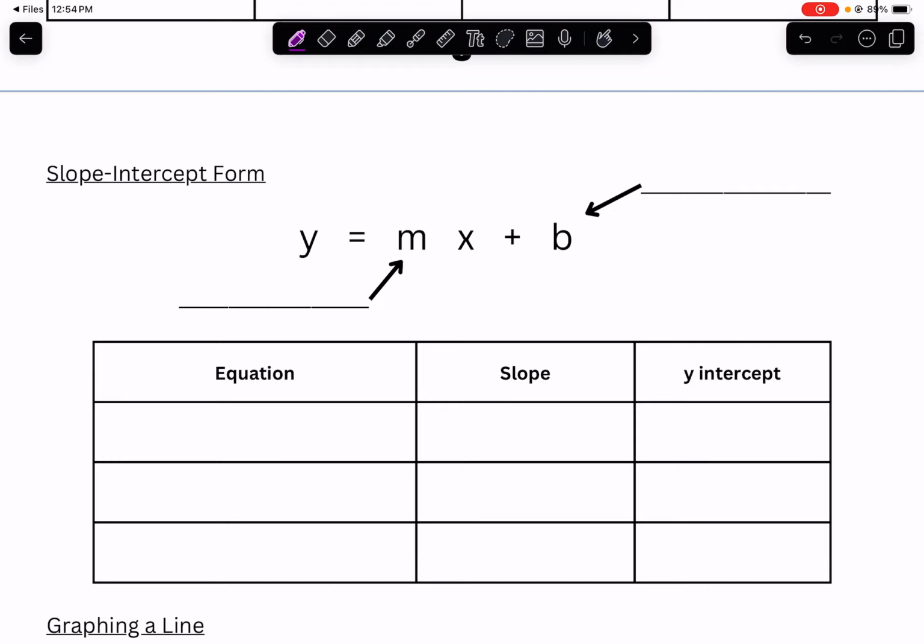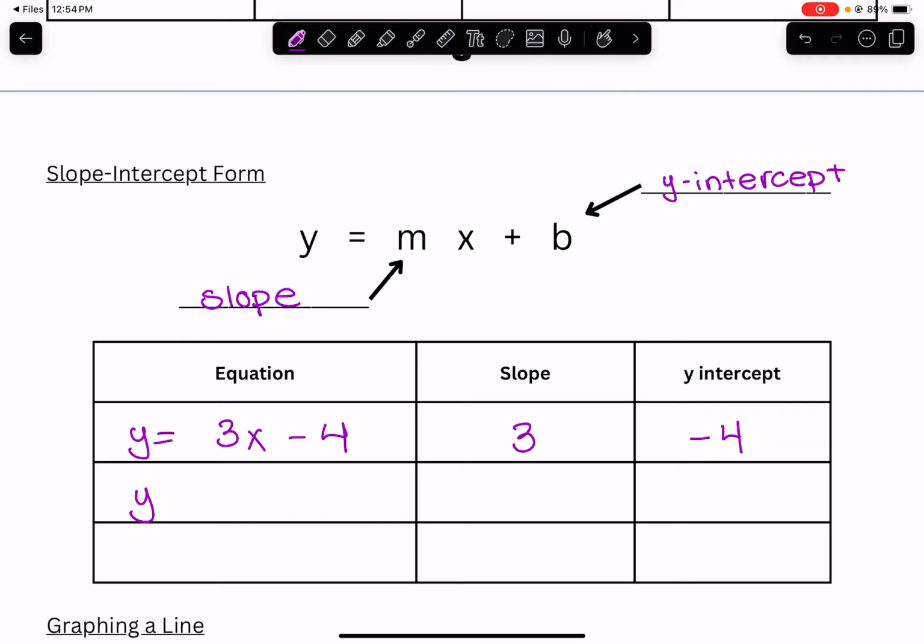You should have learned slope-intercept form last year. b is our y-intercept, and m is our slope. So for any equation that I give you, y is equal to 3x minus 4, our slope is 3 and the y-intercept is negative 4.